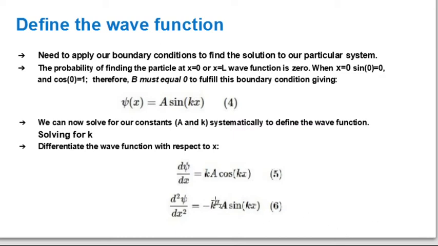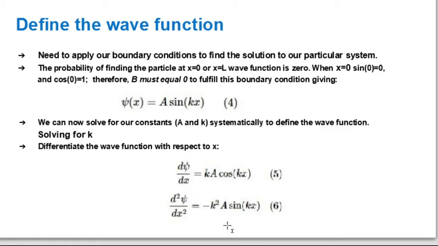First differential, of course, ka cos kx, because differential of sin kx is equal to cos kx into k. Again differentiate, second differential, it becomes minus k square a sin kx.